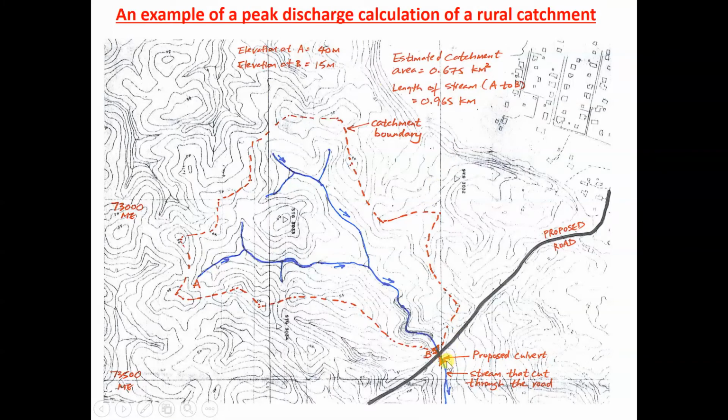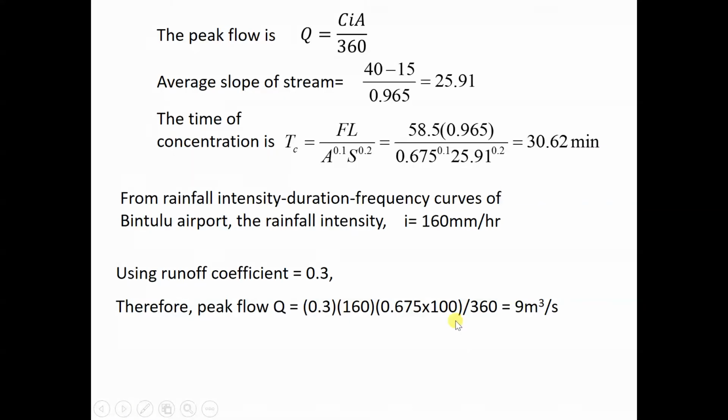We need to find the size of the proposed culvert. The peak flow is this formula, CIA divided by 360. We want to find the time of concentration, so we need to find the S, the slope of the stream.